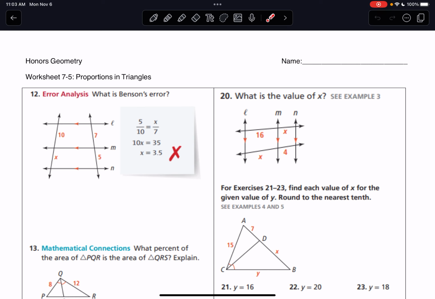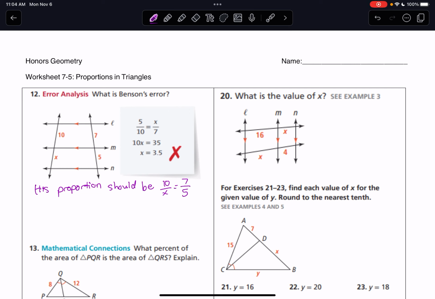So one proportion we could use is 10/x equals 7/5, because we would be doing the line segments on the left over the line segments on the right, top over bottom, top over bottom. So we can say his proportion should be 10/x equals 7/5.